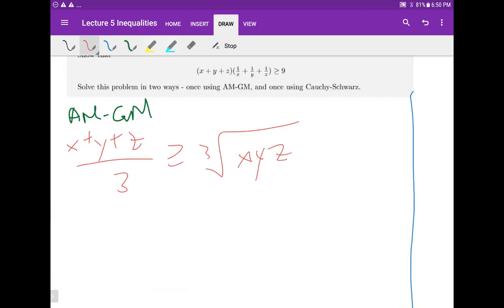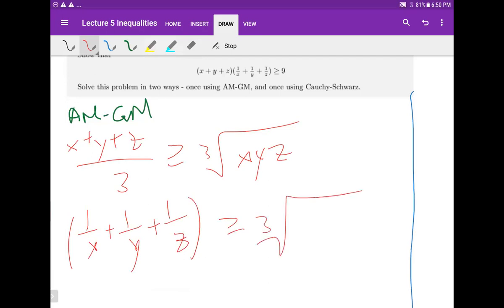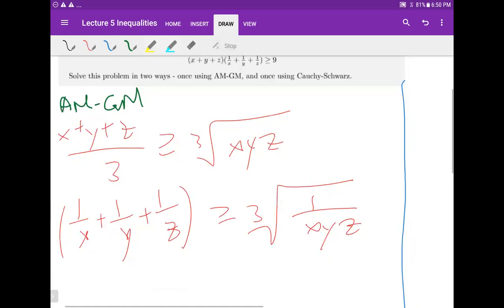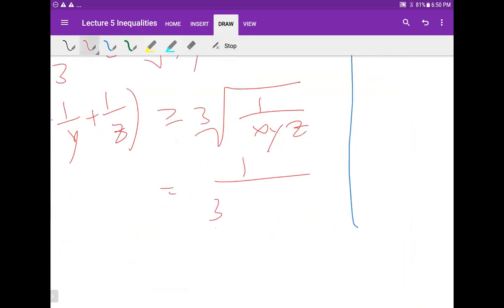And then we also have that 1 over x plus 1 over y plus 1 over z, over 3, is greater than or equal to the cube root of 1 over xyz, which is also equivalent to 1 over the cube root of xyz.